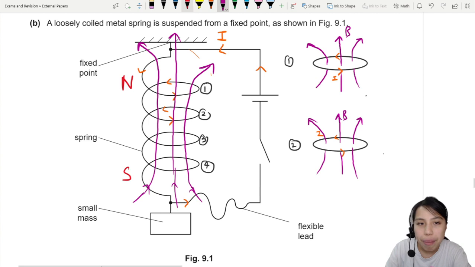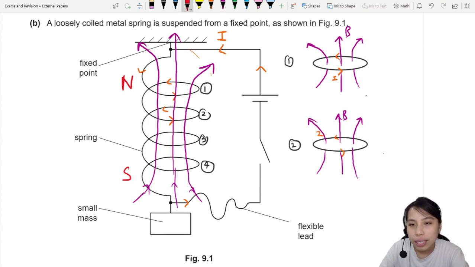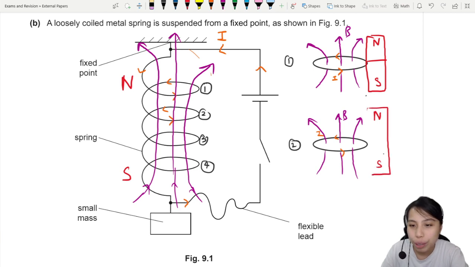Okay, so that means, based on the idea, we look at each individual coil and treat it like a magnet. Yep, this one is north up here and down here is south. So it's kind of like saying I have a bar magnet like this, and also another bar magnet north-south like this. So will they attract or repel? You tell me, no?